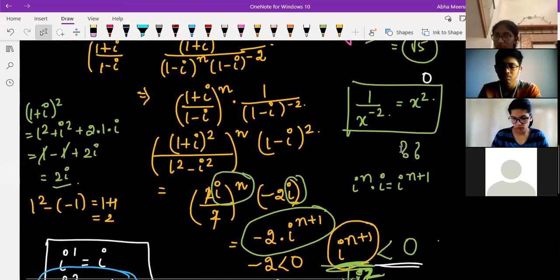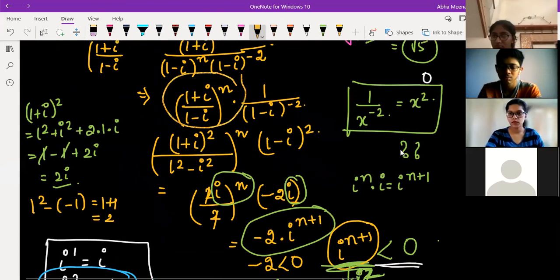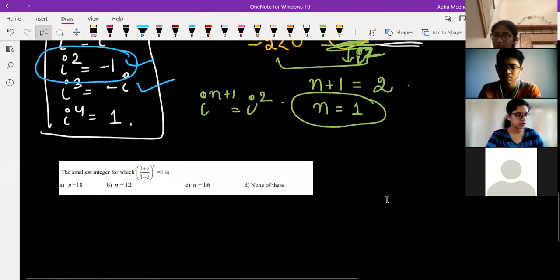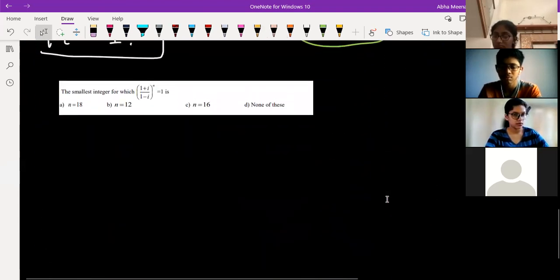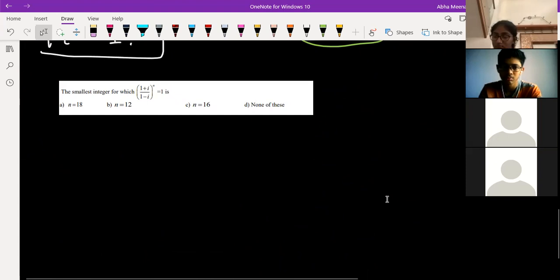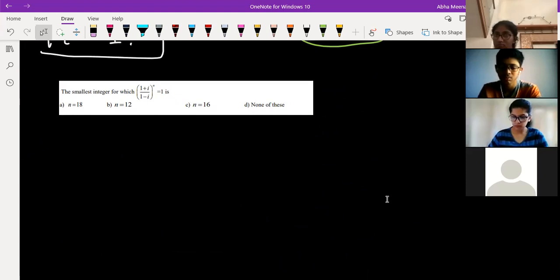Now see this. Now don't ask me to scroll up. The smallest integer for which (1 plus i) by (1 minus i) to the power n is equals to 1.